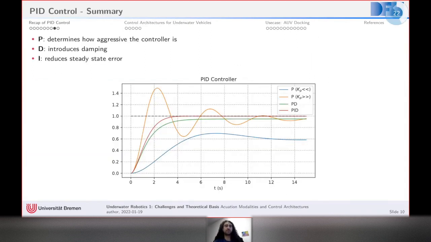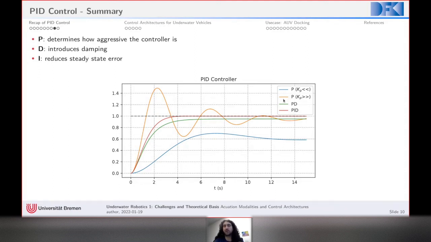Okay, so here's, as a summary, what can happen. This is the same system. If I only start with a P controller, just a proportional controller, and the P is too low, then I do not reach the reference that I try to achieve.